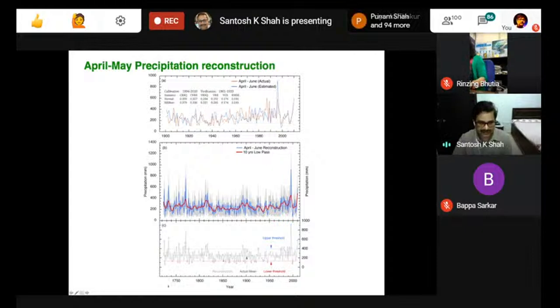1723, I guess. And we checked all these lows. This downward triangle marks the drought years, which perfectly match the drought records, and these are the flood records.